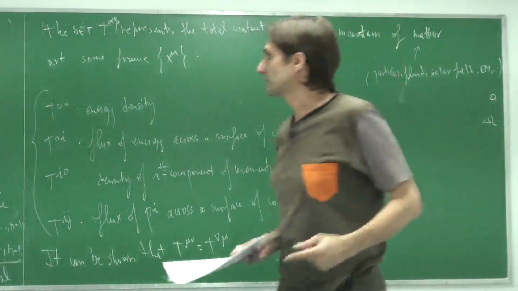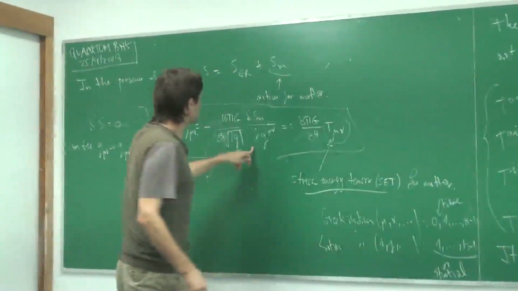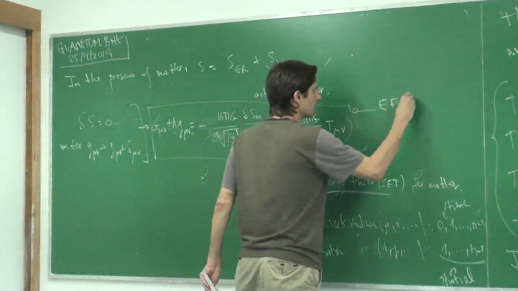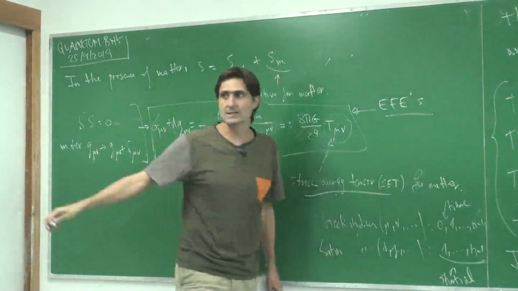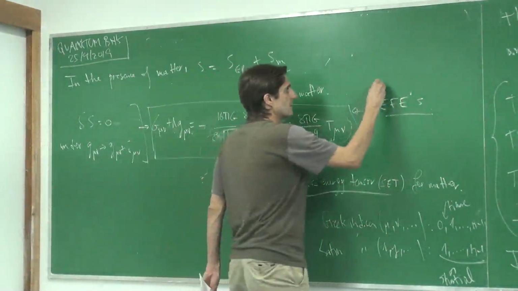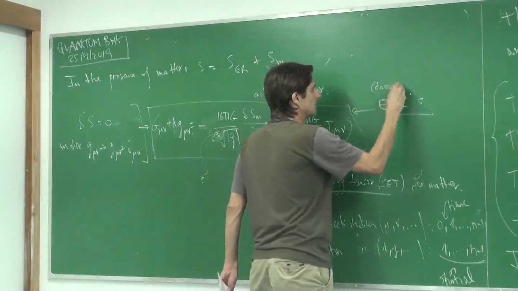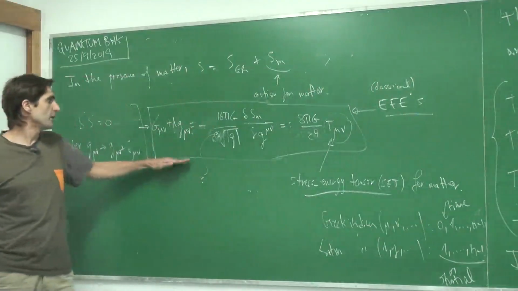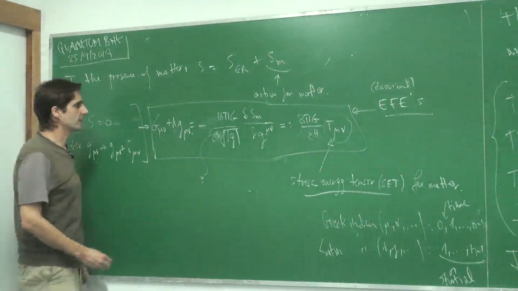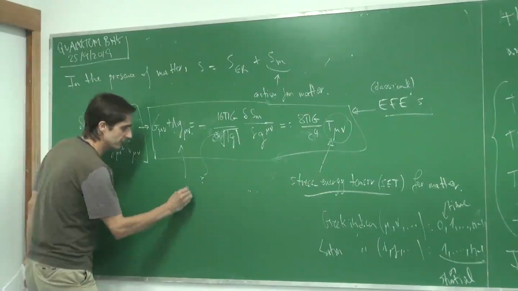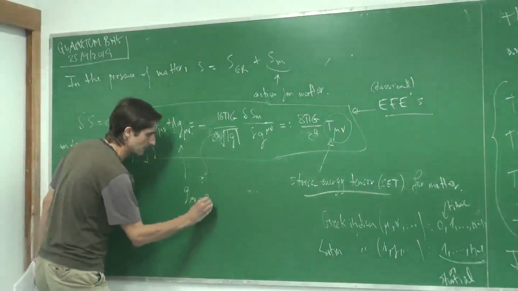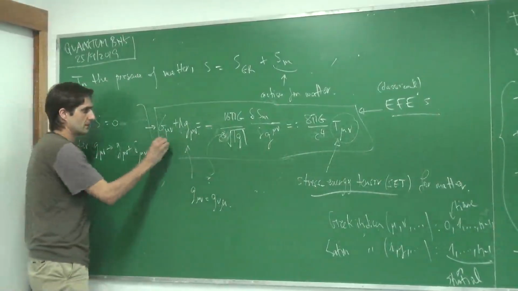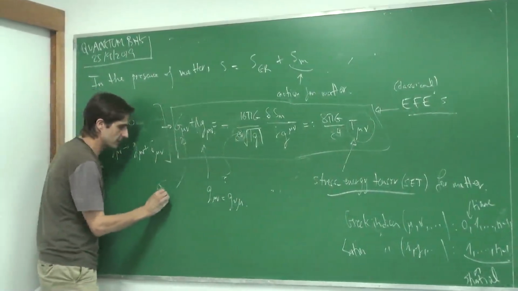Now that's important because if you go back to the Einstein, so these are the classical Einstein field equations. If you go back here, the metric is symmetric, and the Einstein tensor is symmetric as well.